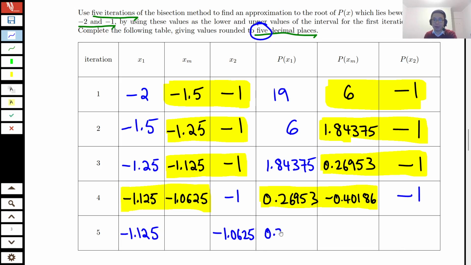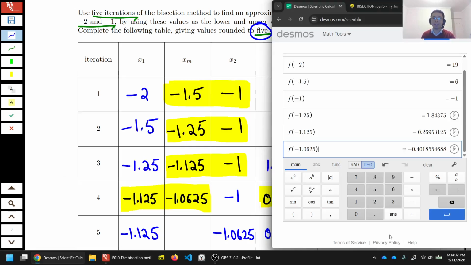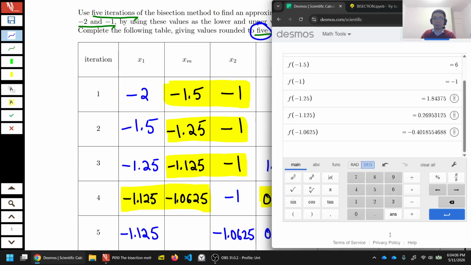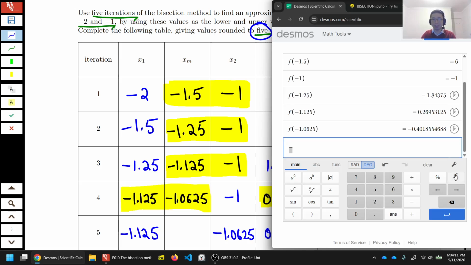I can write in the values that I have from the last step. And now I need to find the midpoint of these two values. The easiest way to do this is to add the two values together and divide by 2.